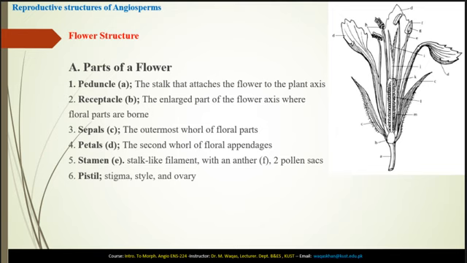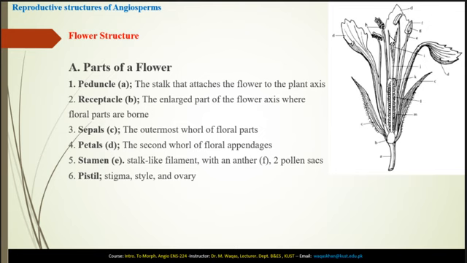Similarly, the sixth part of the flower is the pistil. These are the pistil, right? The pistil is made up of stigma, style, and ovary. At the apex of the pistil is the stigma.